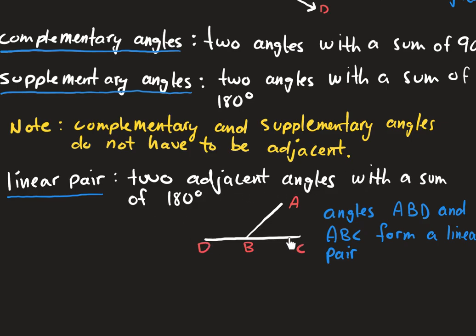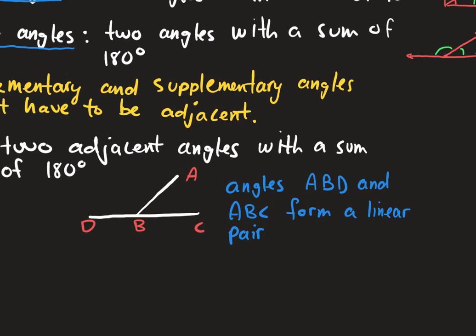So I made this right here, and I have this information here that says angles ABD, so that would be this angle here, and ABC, which is that angle there, form a linear pair because this angle here shares a vertex with that one, and together they make a straight line, which is 180 degrees. So there are the angle relationships.